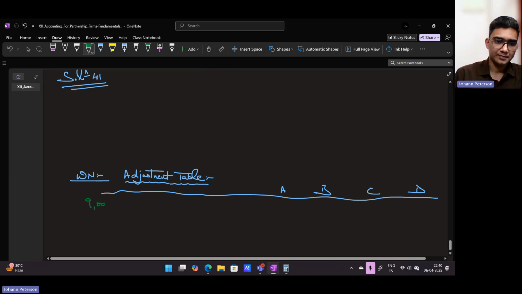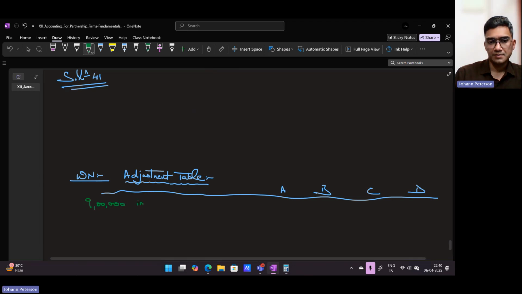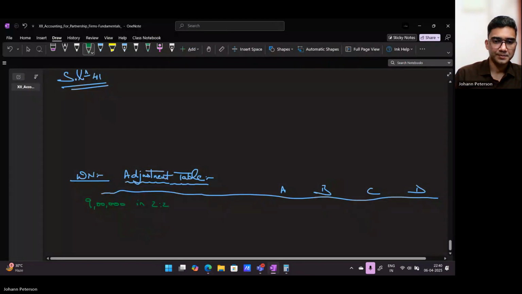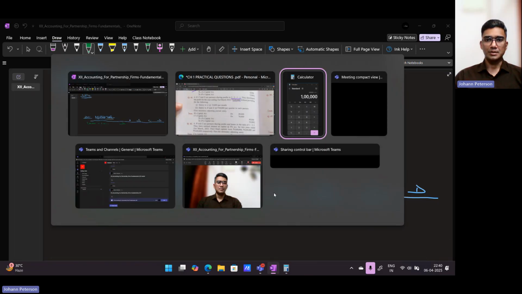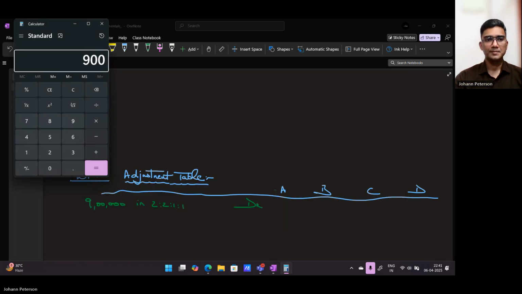So 9 lakh was distributed in what ratio? 2 is to 2 is to 1 is to 1. Since we are taking it back, again, we are thinking in terms of the partner's capital account, so we will debit this. So 9 lakh and 2 is to 2 is to 1 is to 1. Into 2 divided by 6, which is 3 lakh.